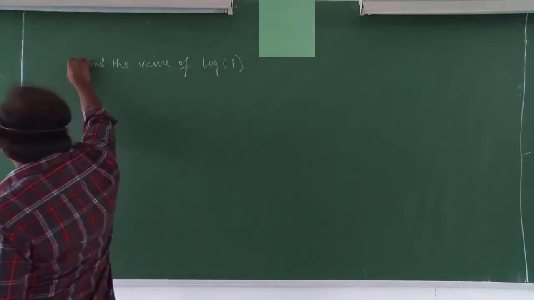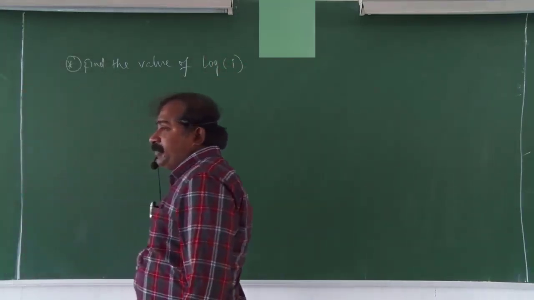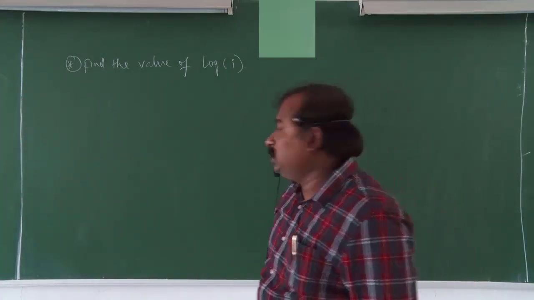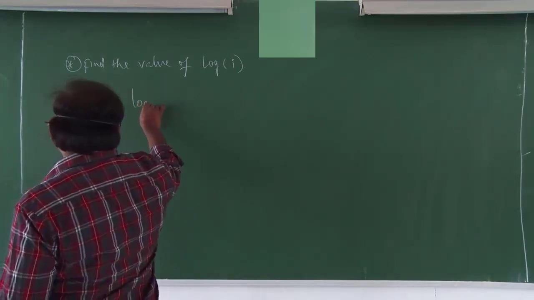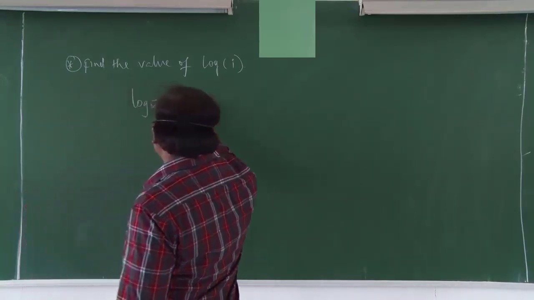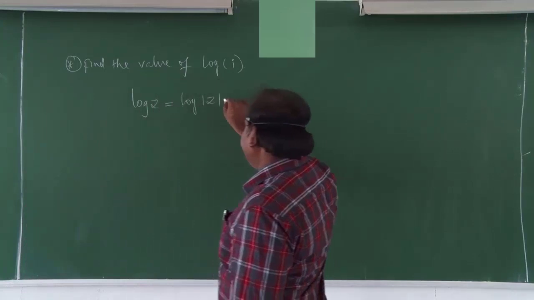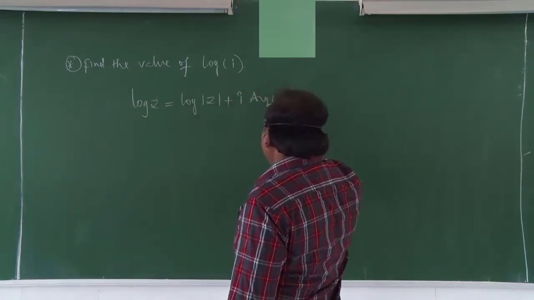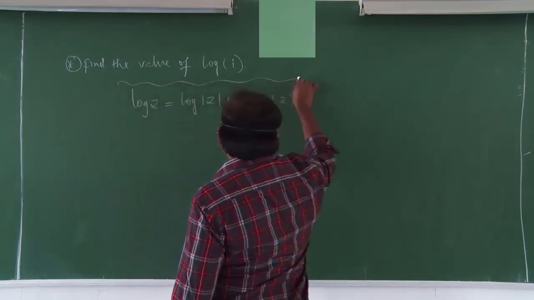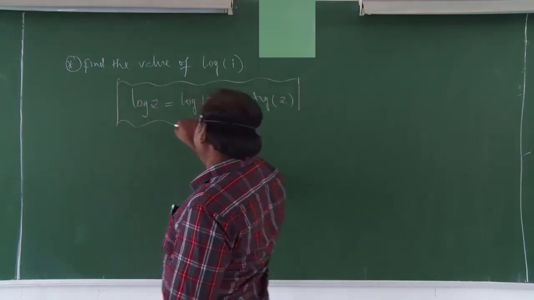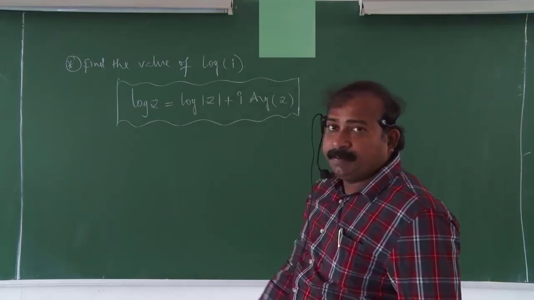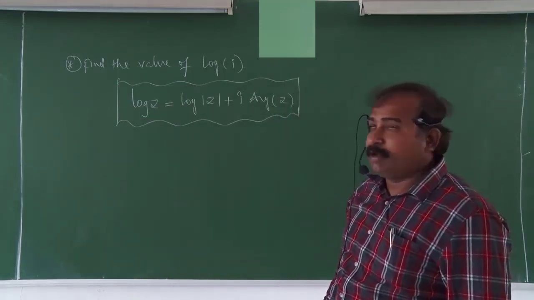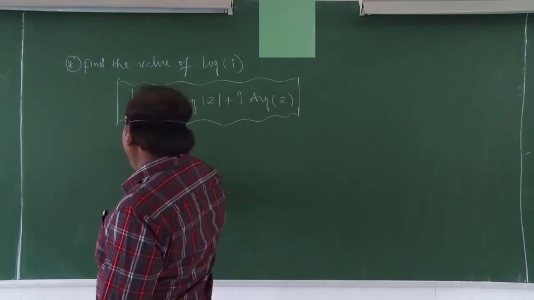What is the logarithm of z formula? Logarithm of z is equal to logarithm of mod z plus i into argument of z. This we have already given; for the proof also I have given. Then what is the value here?